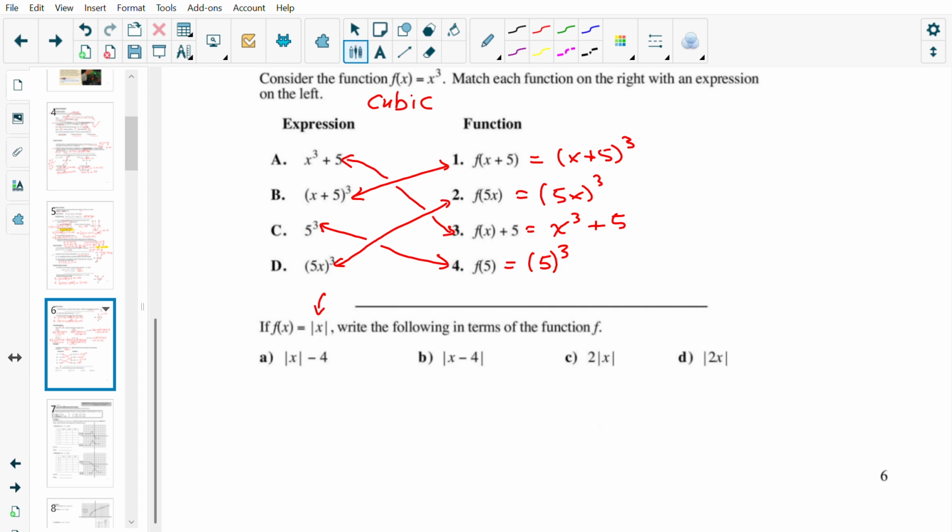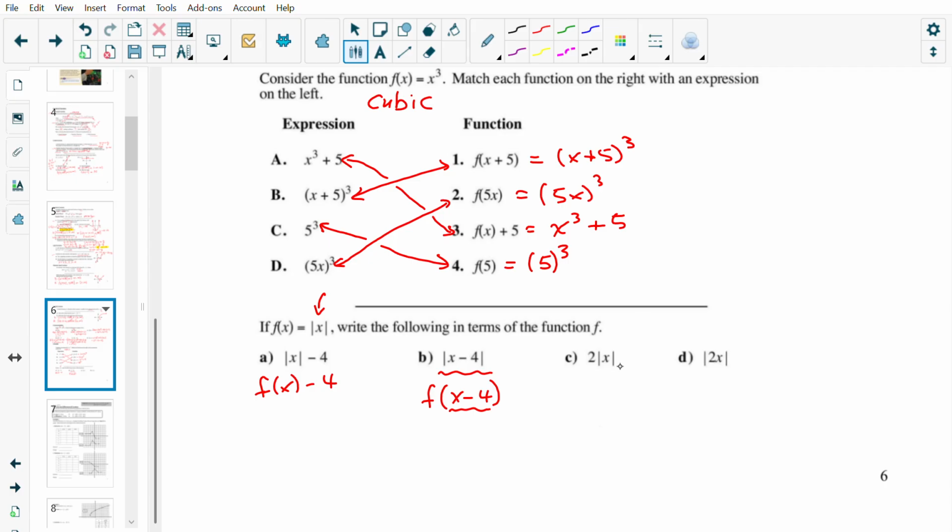So if I have absolute value of x minus 4, that is f of x minus 4. Everything's entirely in the absolute value bracket, so this is like saying f of x minus 4. So I've taken x minus 4 and inserted it into the function wherever the x is, and that's the result. So f of x minus 4.